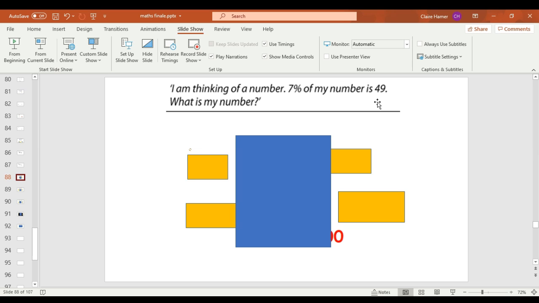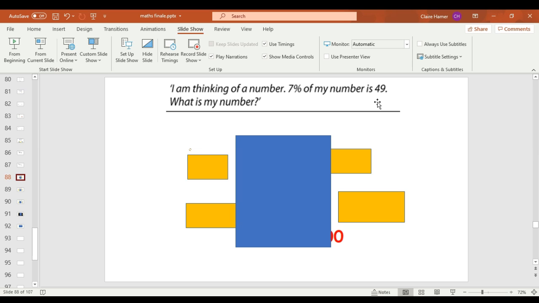I hope you said square number. Which number do you square to get 49? You do 7 squared. 7 multiplied by 7 is 49. So that's a big clue for you, so hopefully you can use that clue. That might help you to understand how to get from 7 to 100.